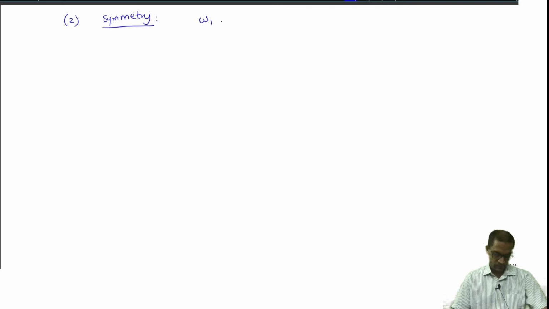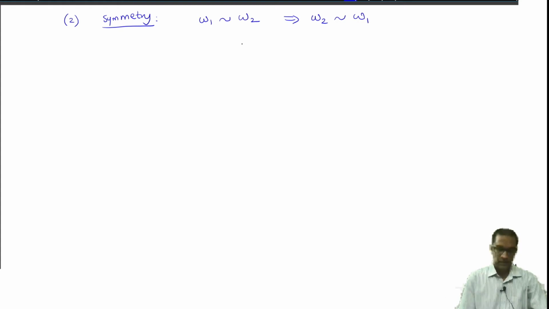So if W1 is equivalent to W2, then I need to show that this means W2 is equivalent to W1. Okay, but again observe, this is why we had 8 basic rewriting rules and not just the first 4. The rules 5 through 8 are just sort of the rules 1 through 4 in reverse, right?